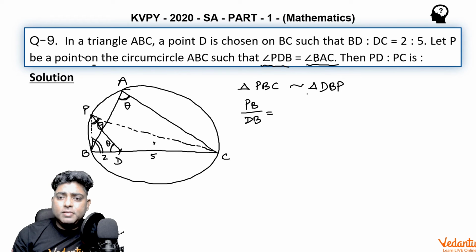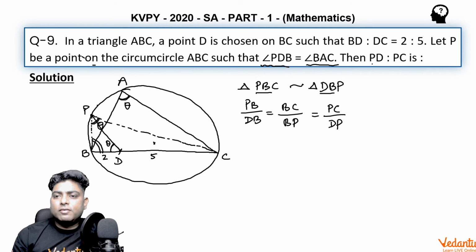So I can write PB corresponding to DB here. Then I'll take BC, here BP, I'll take PC, here DP, isn't it? So we have to find PD is to PC.